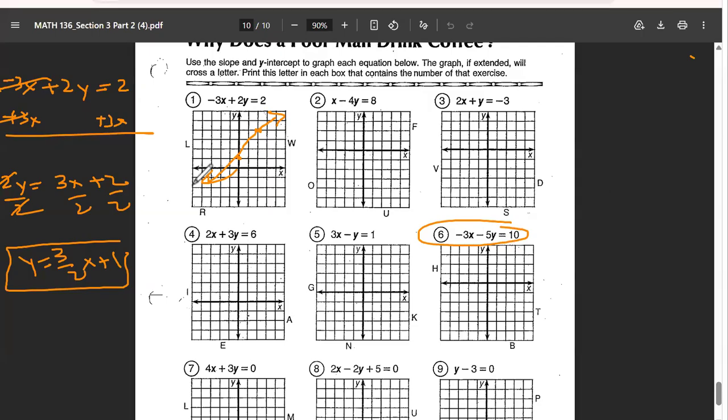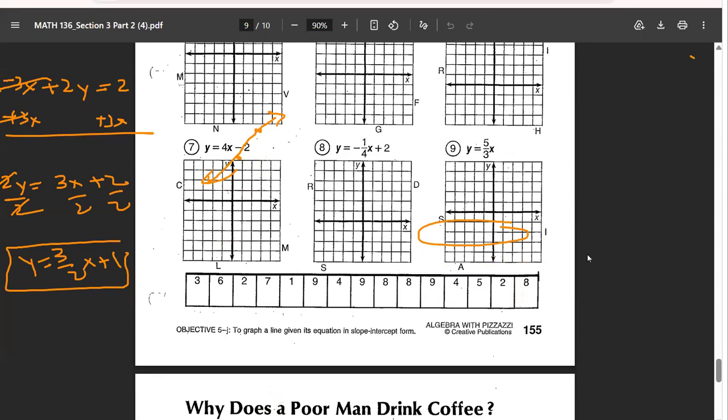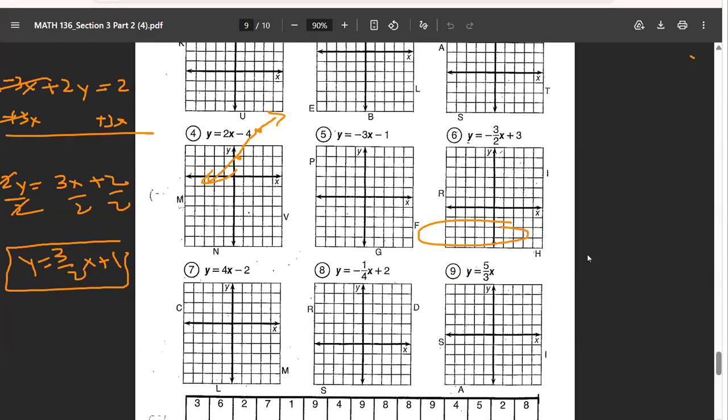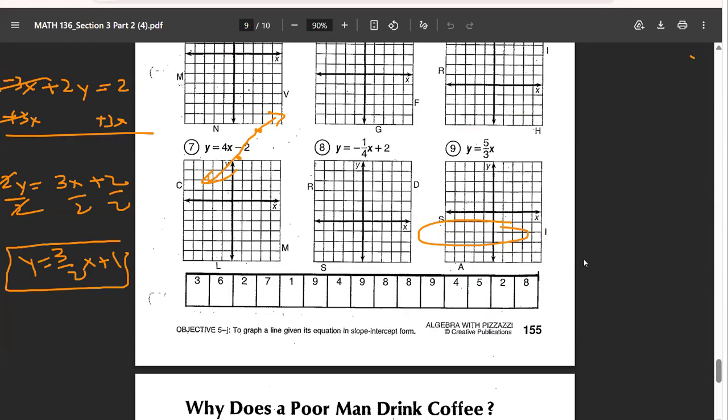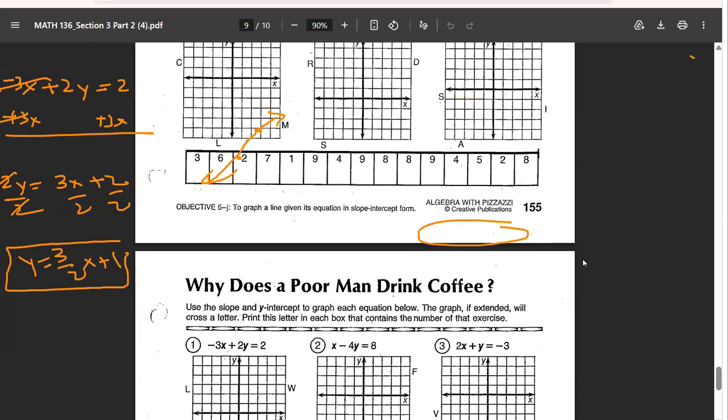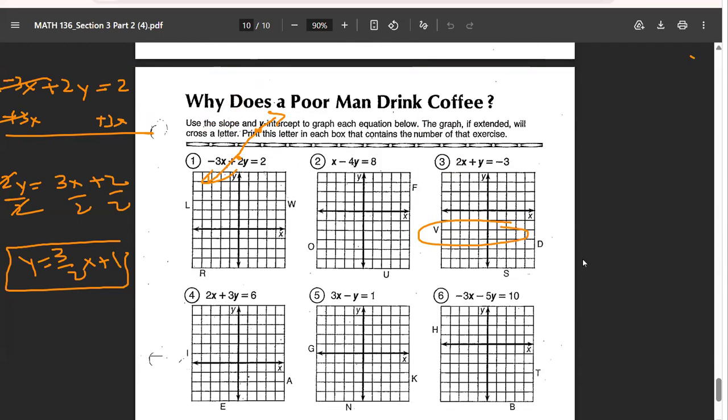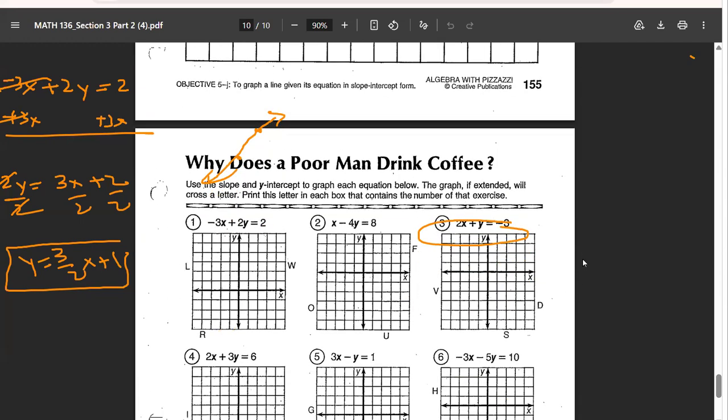Okay. So for this one, previous ones, they already gave us in y equals form. So we didn't have to do anything, all we have to do is graph it. For this one, we have to do a little bit more work. Okay.